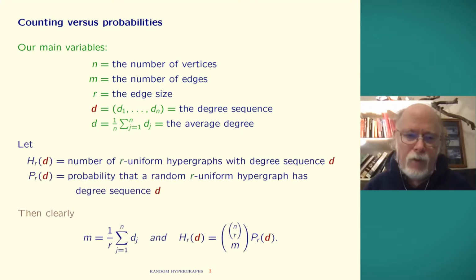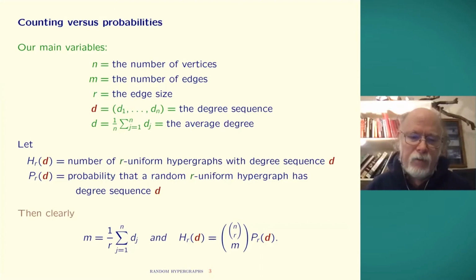So H sub R of D is defined to be the number of R-uniform hypergraphs with degree sequence D. P sub R of D is the probability that a random R-uniform hypergraph with n vertices and m edges has degree sequence D.